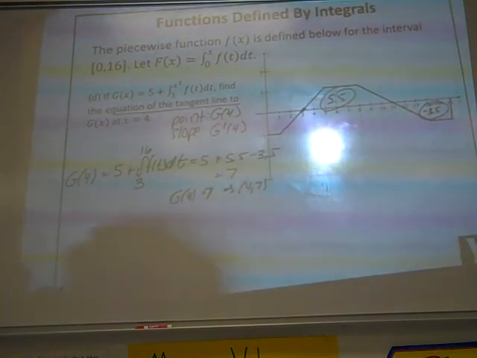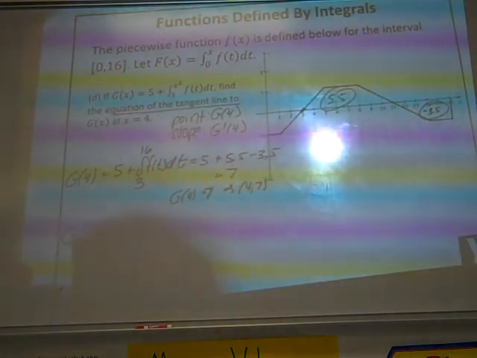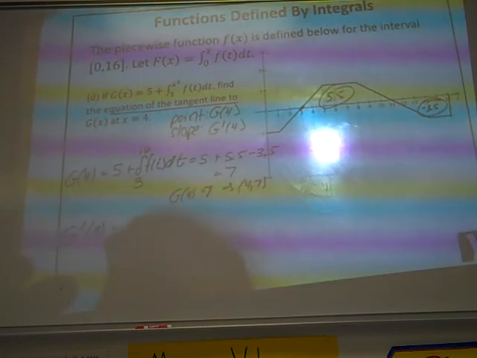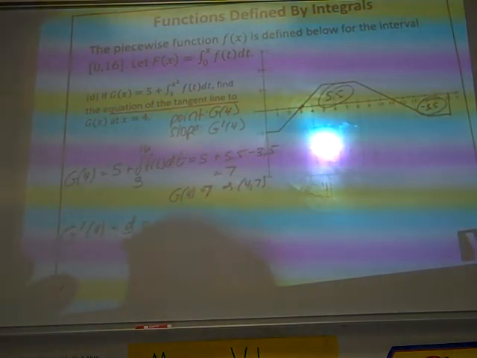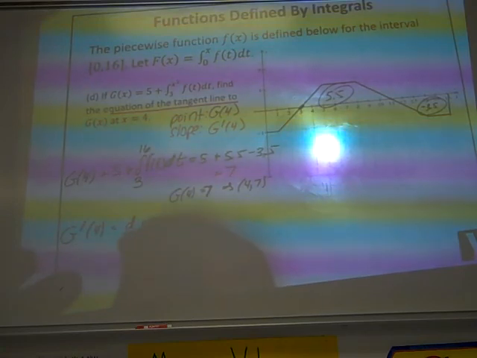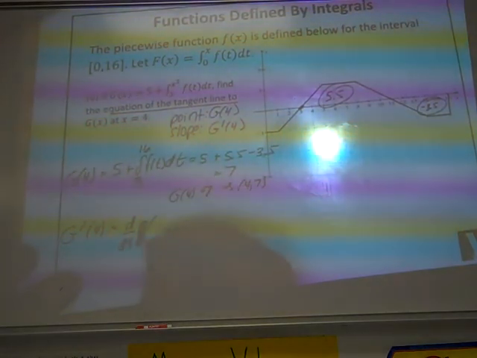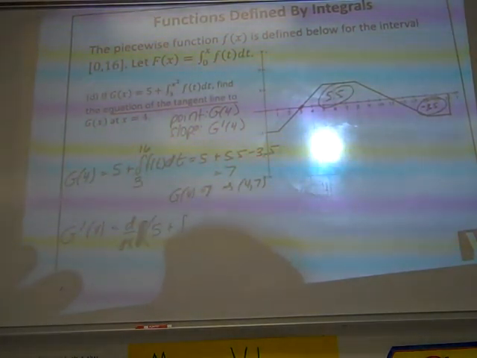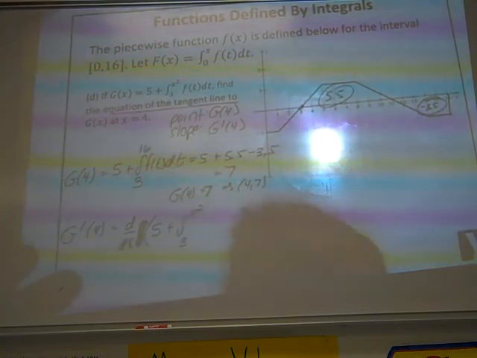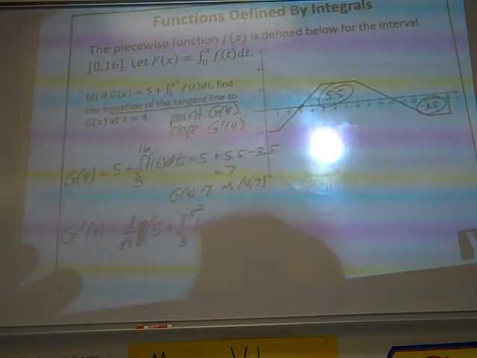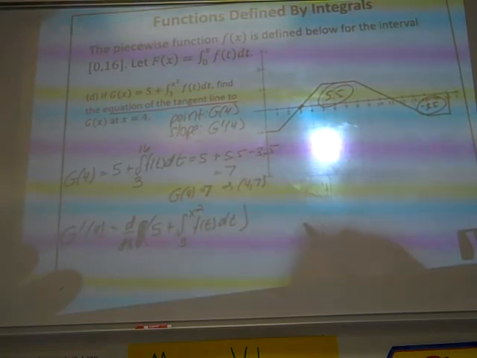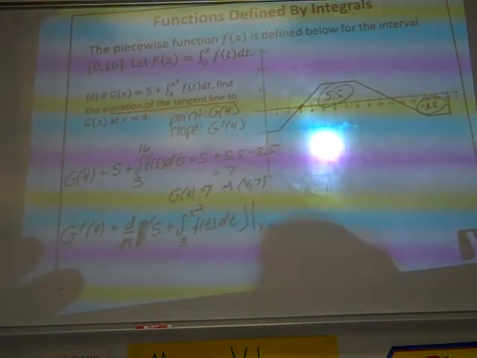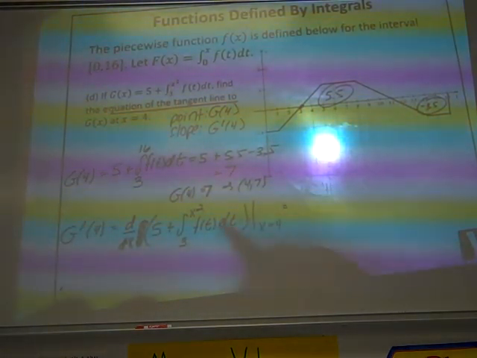Great. Now I need big G prime of 4 to get the slope. Take the derivative of the function 5 plus the definite integral from 3 to x squared of f of t dt, and then evaluate that at 4. Well, order is important.